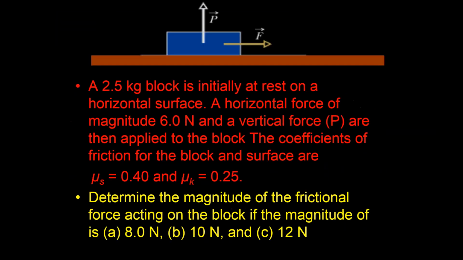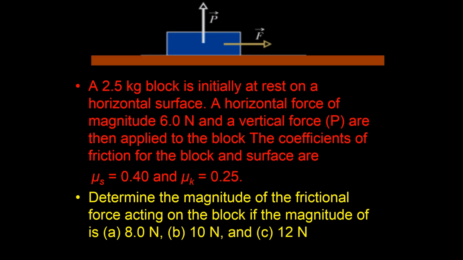So let's take a look at another situation here. This is example heavy because we've already discussed how friction really works. So here we have a 2.5 kilogram block that's initially at rest on a horizontal surface. A force is applied horizontally of magnitude 6 newtons, but here a vertical force of P is also applied to the box.